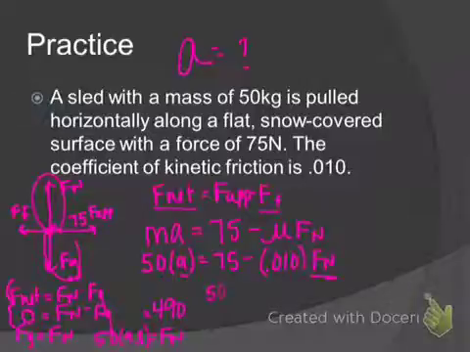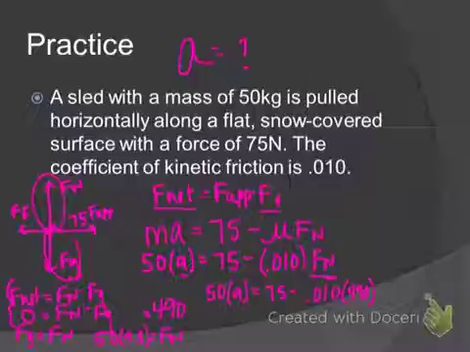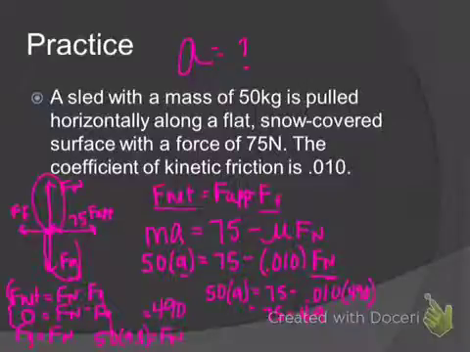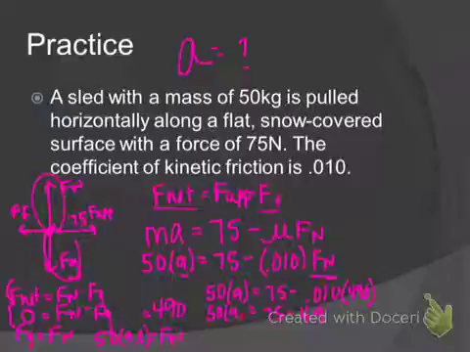I'm going to take 50 times a equals 75 minus 0.01 times 490, which is 75 minus 4.9, I believe.